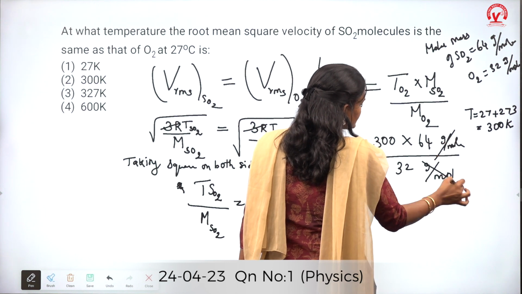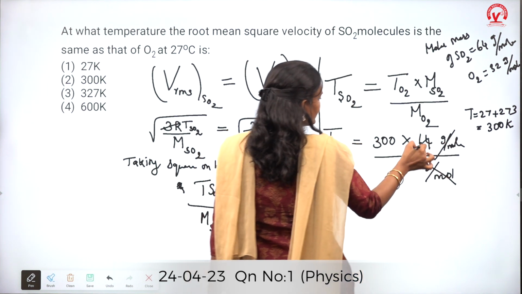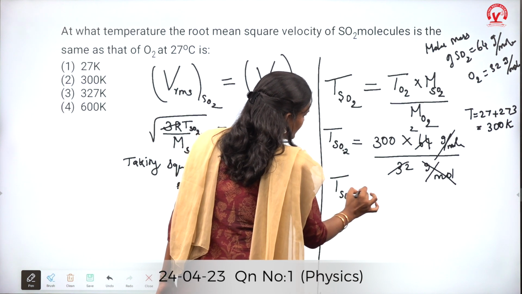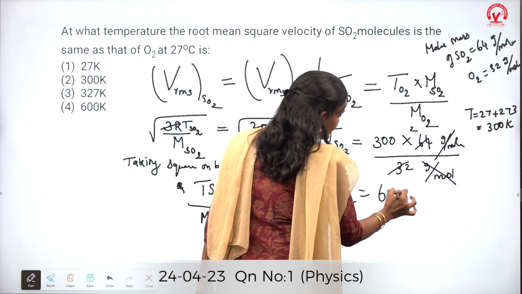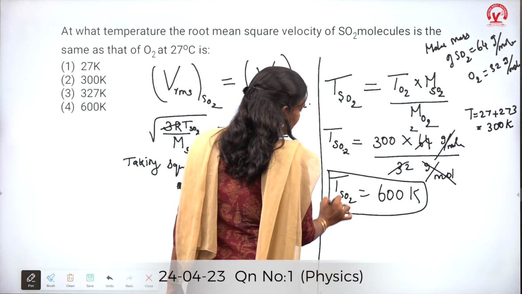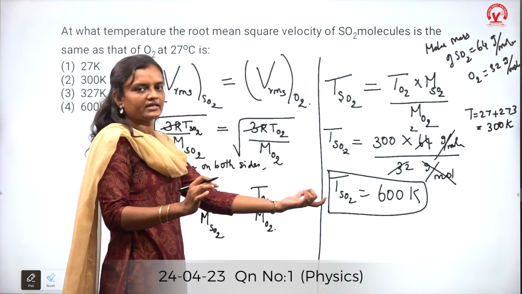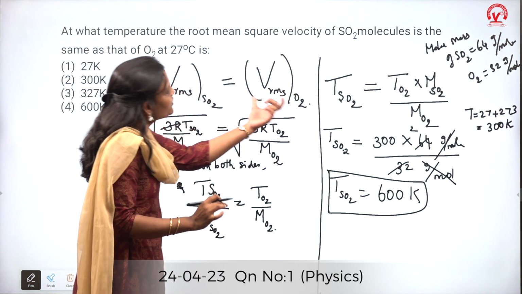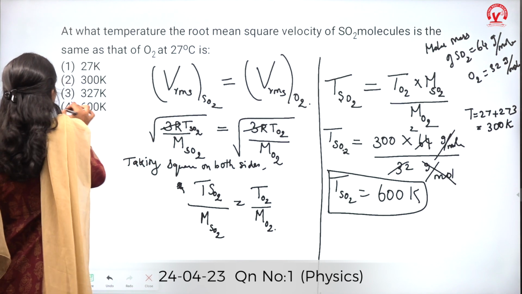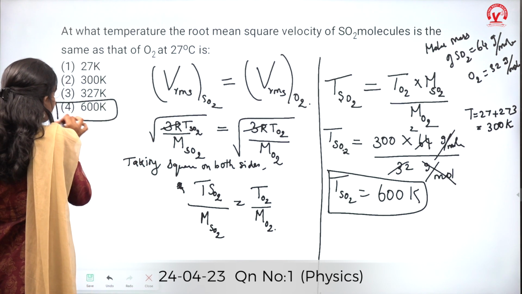Now this gets cancelled and we get 2, so T of SO2 is 600 Kelvin. So at this temperature, 600 Kelvin only, the RMS velocities are equal. So option 4 is the correct option.